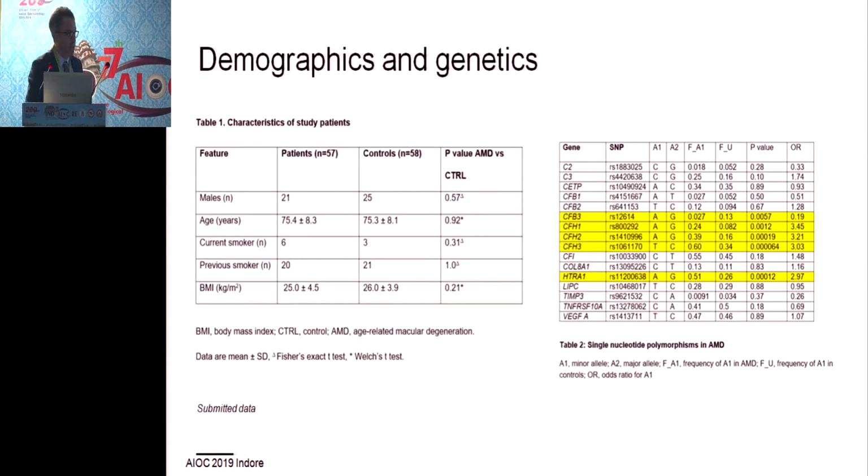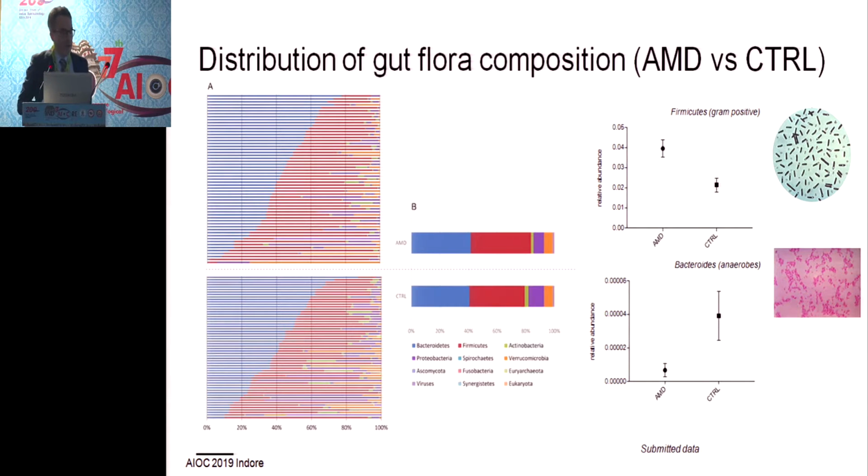We also did genetics, where we saw that certain risk single nucleotide polymorphisms were increased in our patients with neovascular AMD, in keeping with the literature. Then we looked at the gut microbiome, and you can see here these two groups, one healthy group and one group with AMD.